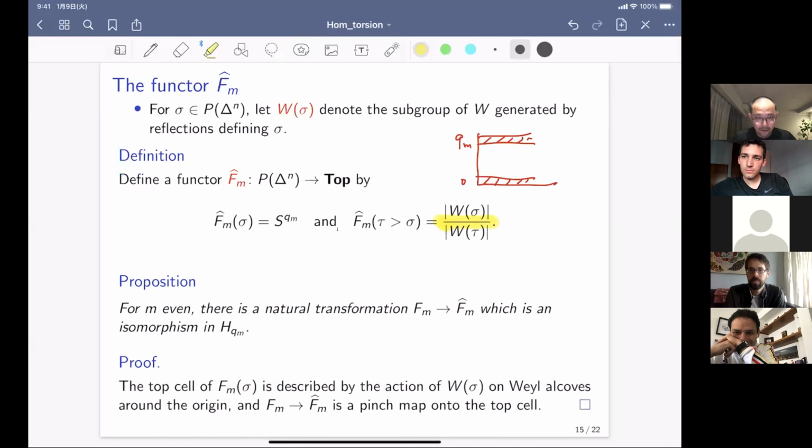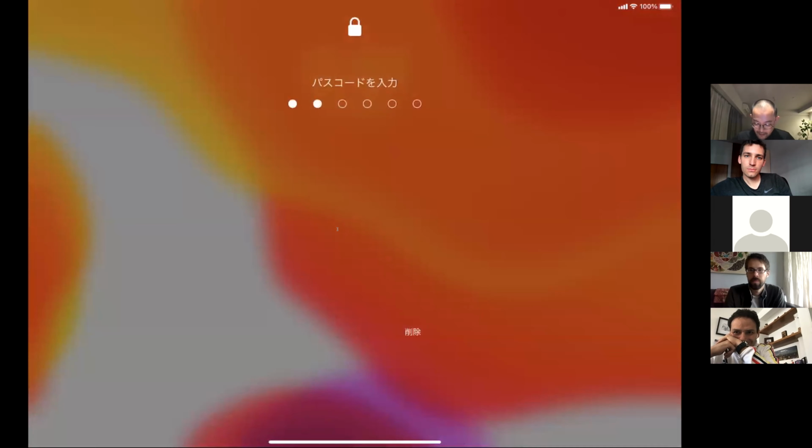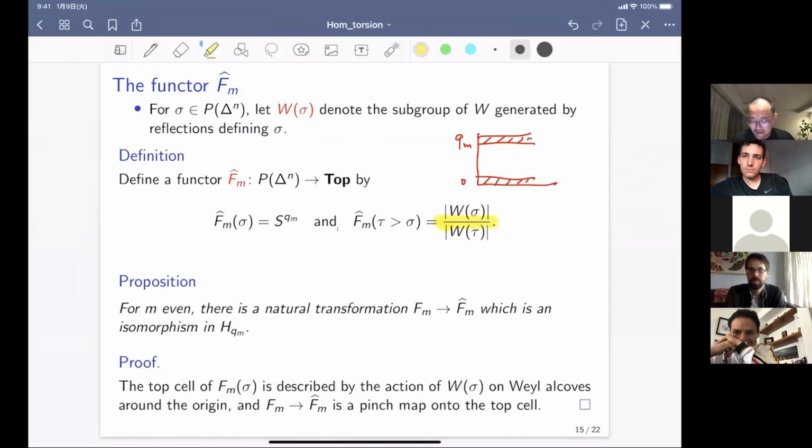And also, if we work with rational coefficients, this degree part we can ignore. It's actually isomorphic to the rational homology of delta n, so it's trivial.